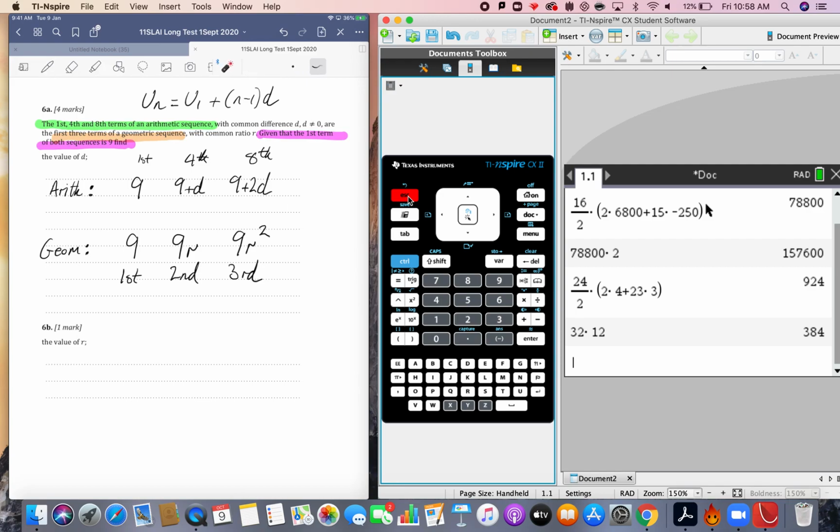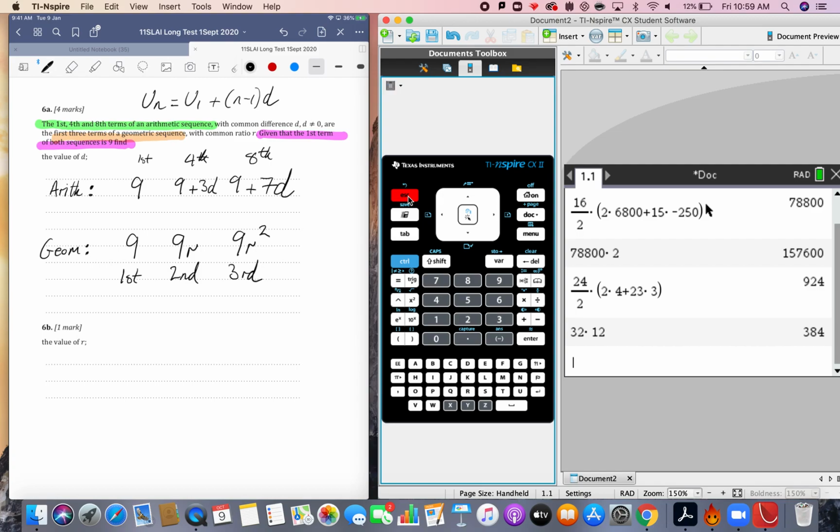Okay, so with this formula here, if you want the fourth, 4 minus 1 is 3. If you want the eighth, 8 minus 1 is 7. So we're going to go and adjust this here, because the fourth is going to be plus 3d, and the eighth is going to be plus 7d.